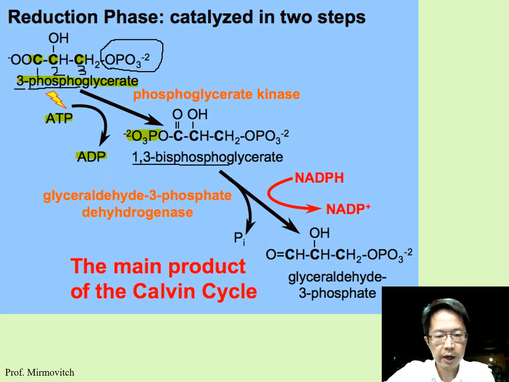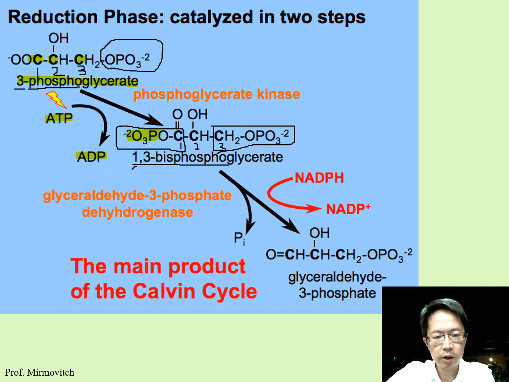So, again, 1, 2, 3, carbon number 3. Carbon number 3 still has the original phosphate group, just like the 3PG at the beginning, okay? But carbon number 1 now also gets a phosphate group from ATP.